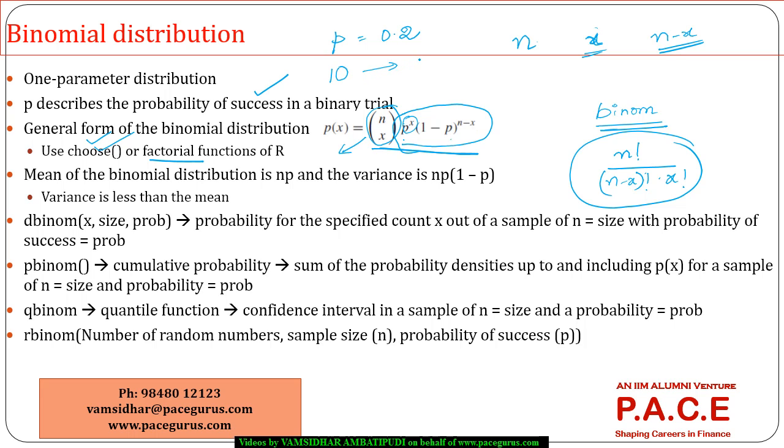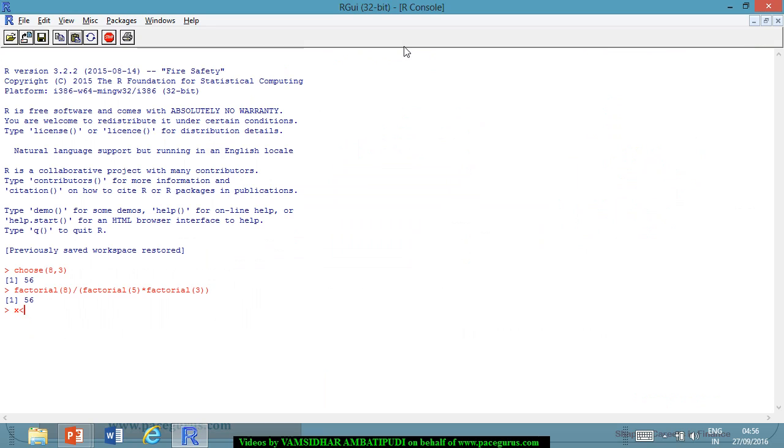I really want to know what is the probability that I will get 3 successes, or probably I can even think of getting all number of successes. What is the probability that I will get 0 success, 1 success, etc. So let me take my x as 0 to 10. So x is 0 success, 1 success, 2 success, etc.